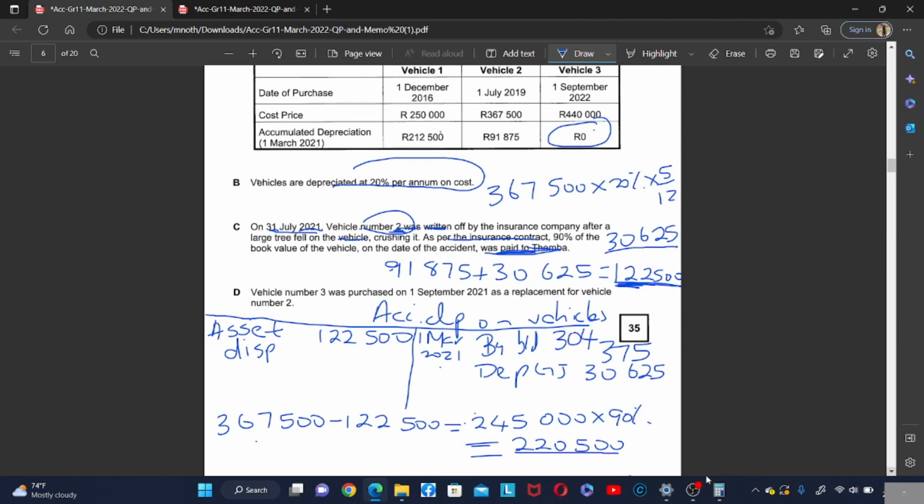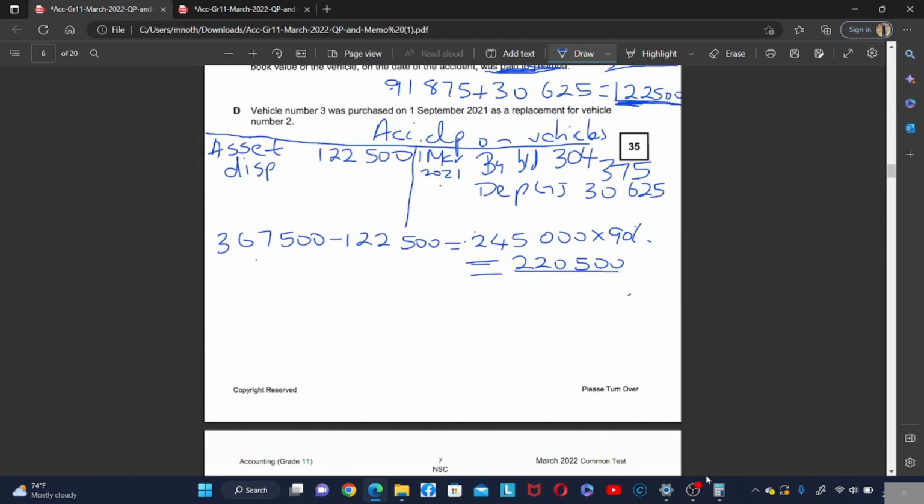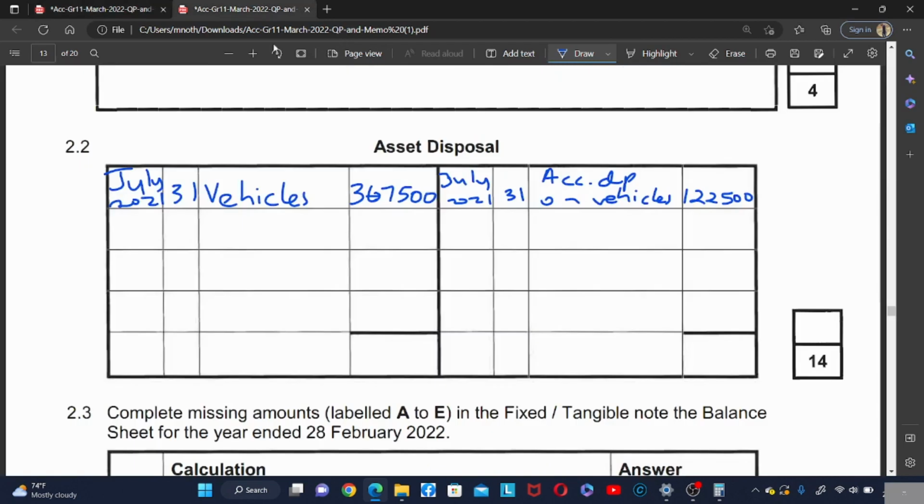So the money that was paid to Temba is 220,500. If it was paid, it means that the bank received the money, 220,500. Because this information is about an asset that the business is getting rid of, it must be transferred to the asset disposal. You know that if you record something on the debit side, it must also be recorded on the credit side.